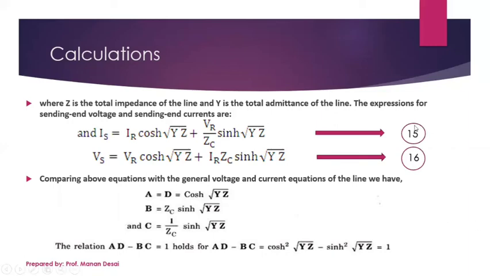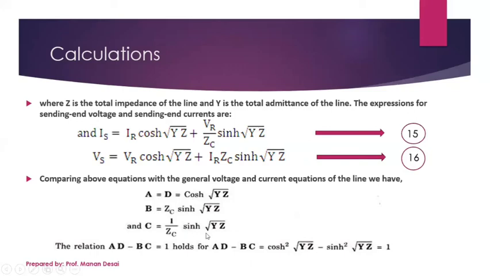So in equations 15 and 16, A and D are the same. A is equal to D is equal to cosh under root YZ. Now B is equal to ZC sinh under root YZ, where ZC is the characteristic impedance. Then C is equal to 1 upon ZC sinh under root YZ.